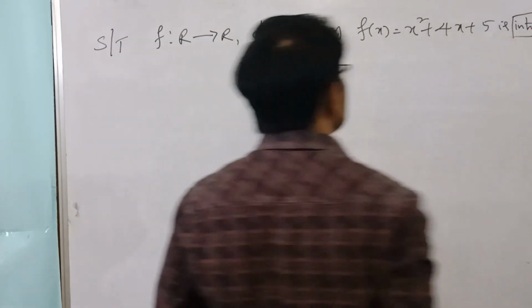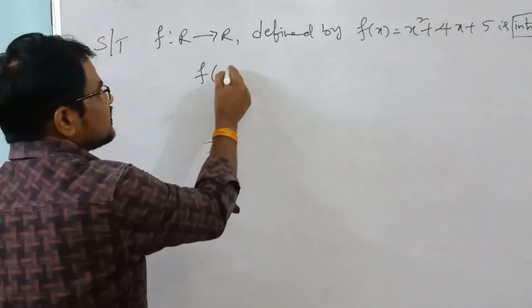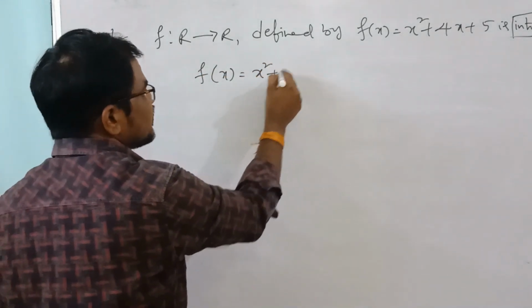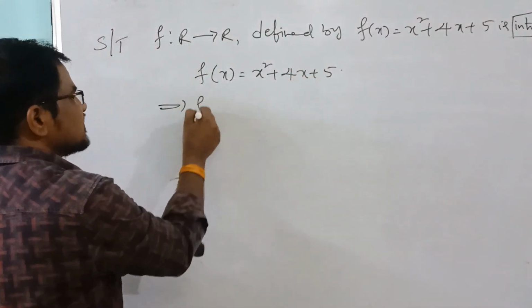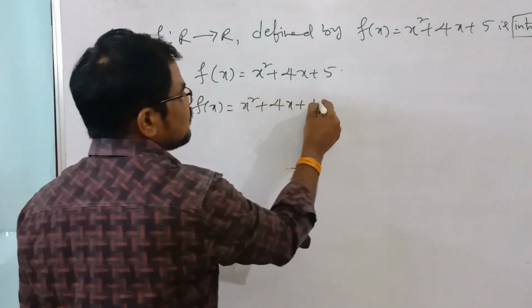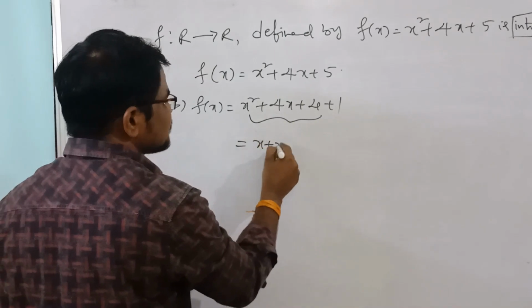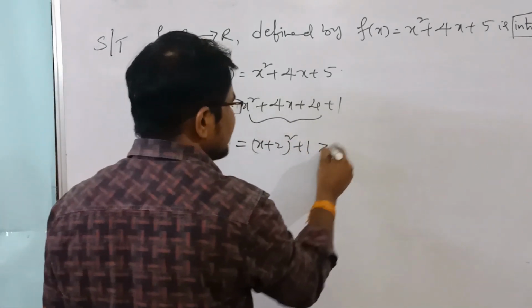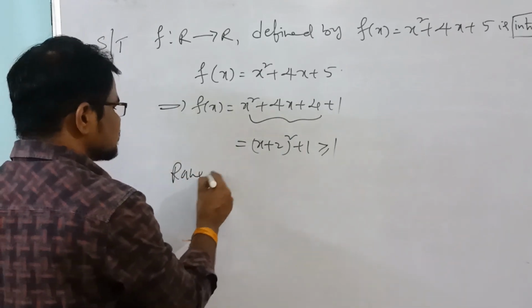We have to show this function is into. Simple thing, what we have to take? Take the given function f of x equal to x square plus 4x plus 5. This can be written as f of x equal to x square plus 4x plus 4 plus 1, which is (x plus 2) whole square plus 1. Can you write this is greater than or equal to 1? Now what is the range of this function?